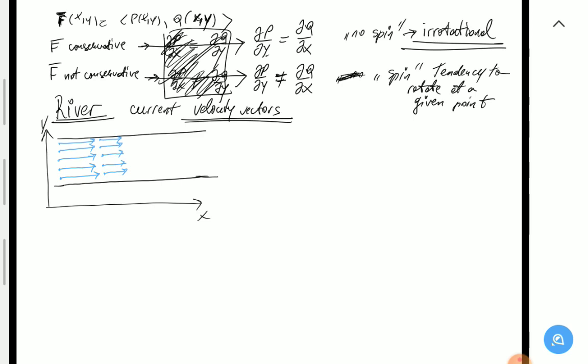It's parallel to x. And the only difference is that as I progress down the river, it seems to slow down. Okay, so I think that's enough. Let me do another one. Again, just imagine that the magnitudes of these vectors are all the same when I change y.